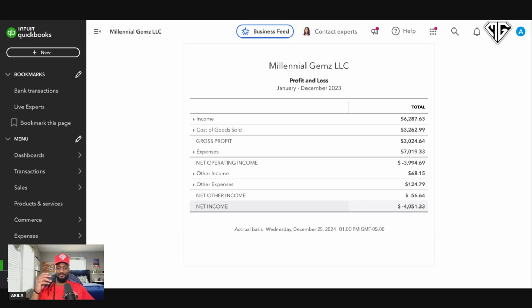So your net profit is your revenue, minus your COGS, expenses, taxes, and anything that goes into running a business.